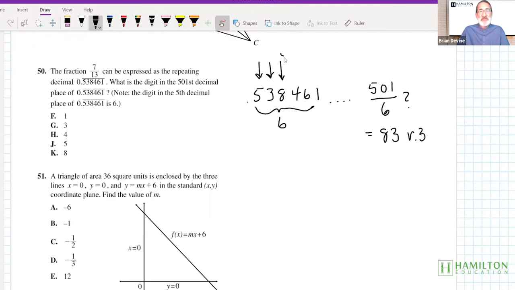And so this should be the 501st decimal. Should be an 8. It's okay, is my, or our, correct answer.